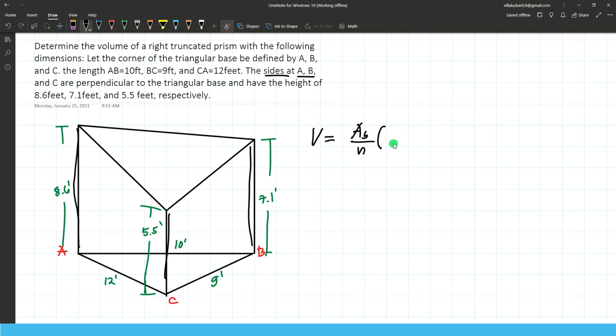So we have H1, H2, and H3. Let's assign H1 here, H2, H3.